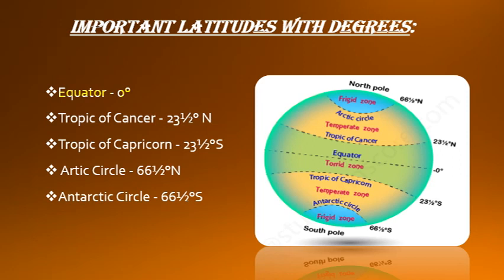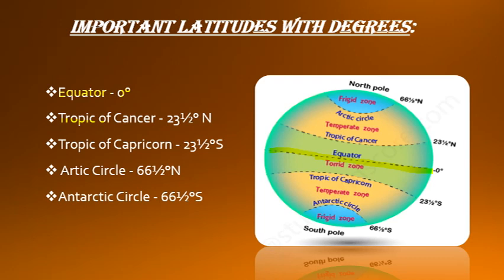Look at your right hand side at your picture. This line is called the equator. As I told you before, the equator is a line which divides the globe into two parts. This is the equator.